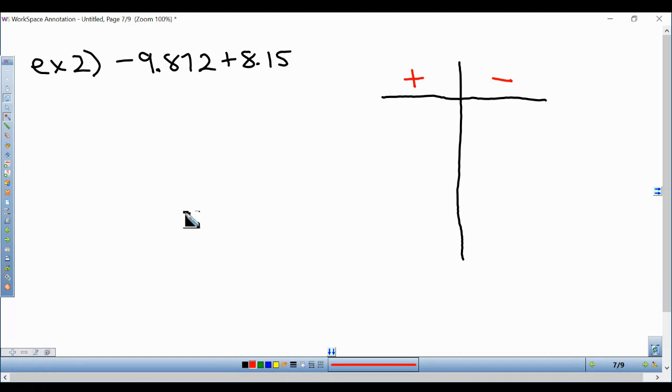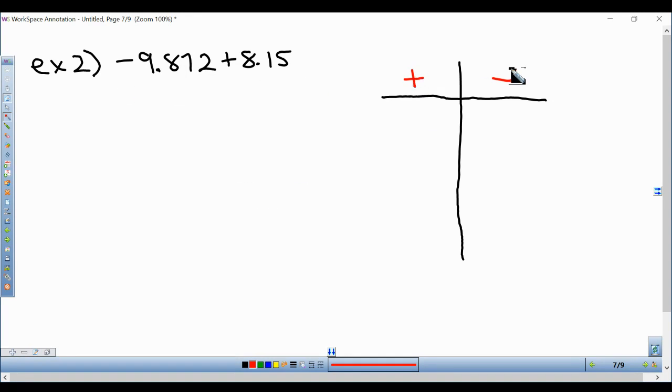Now we're going to get into a little bit more positive and negative numbers. So here we have negative 9.872 plus 8.15. And we're going to go ahead and use the scoreboard method here. Each one of these numbers belongs in a team.